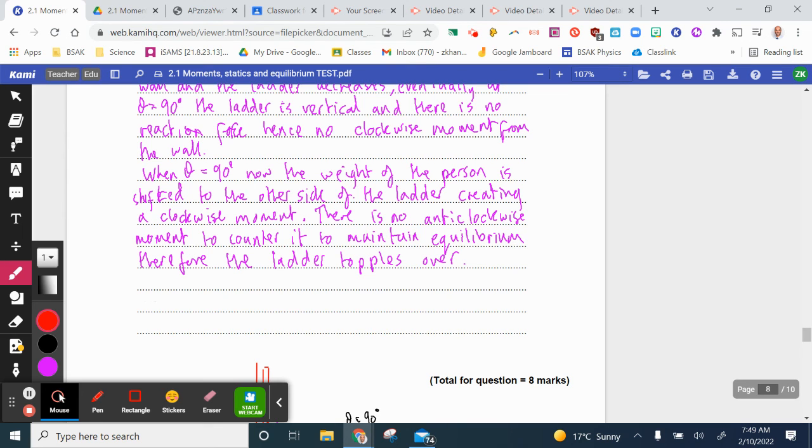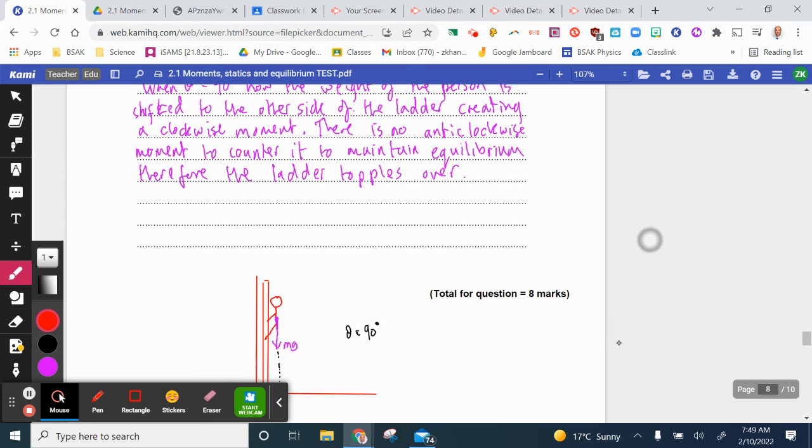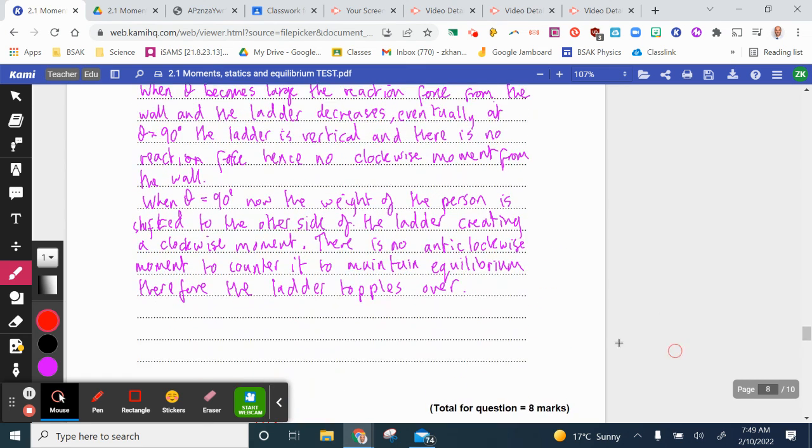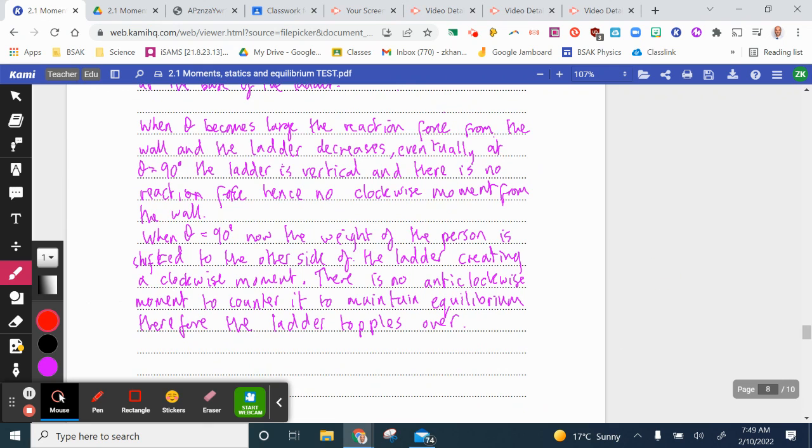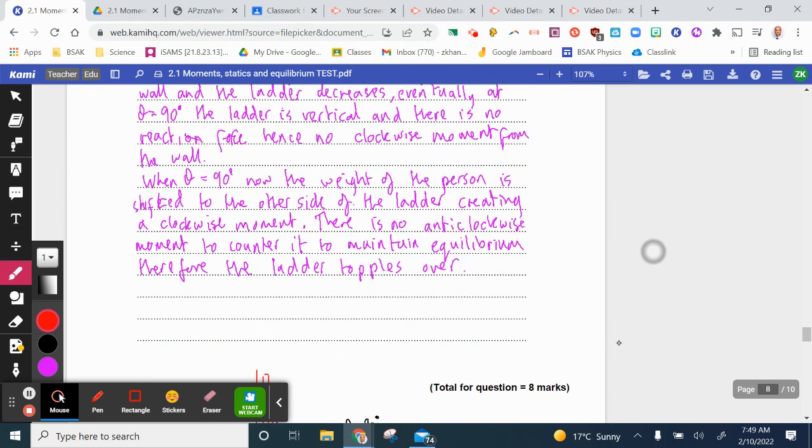There's no anti-clockwise moment to counter it and maintain equilibrium. Therefore, the ladder topples over. So that is a complete answer for the stability of that particular ladder.